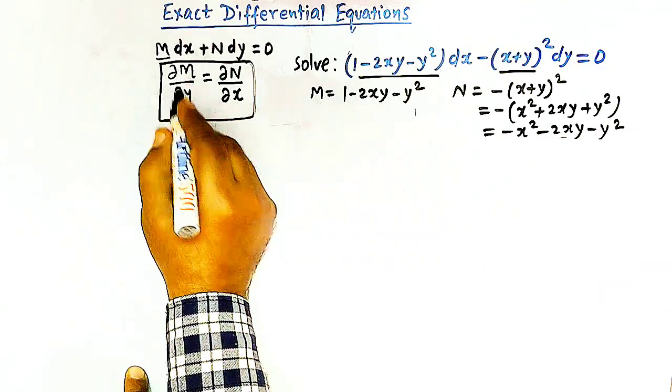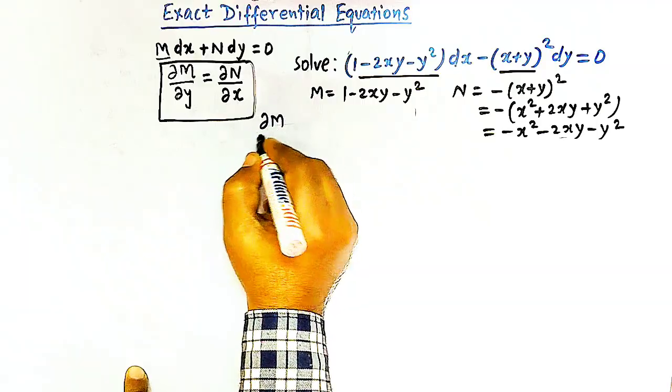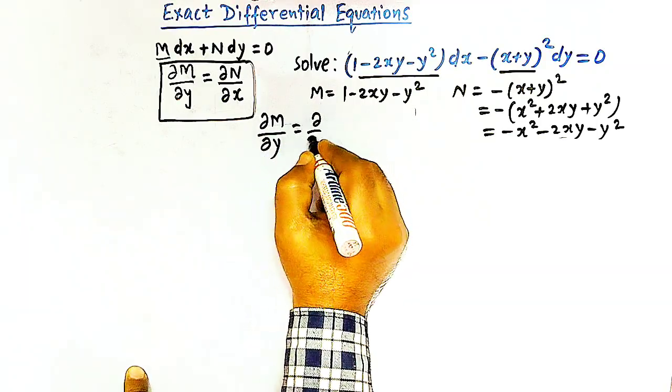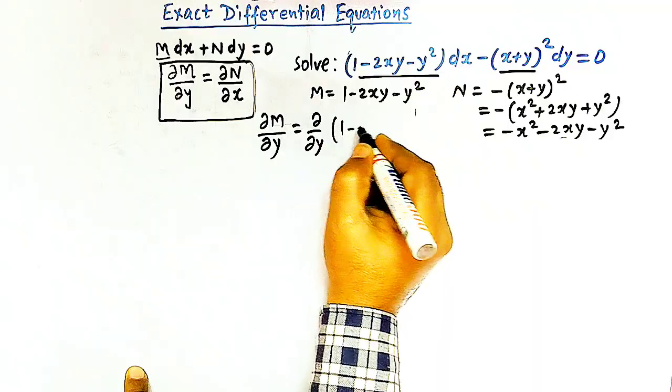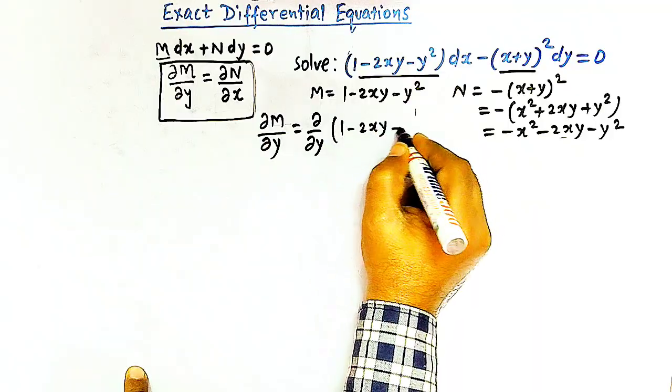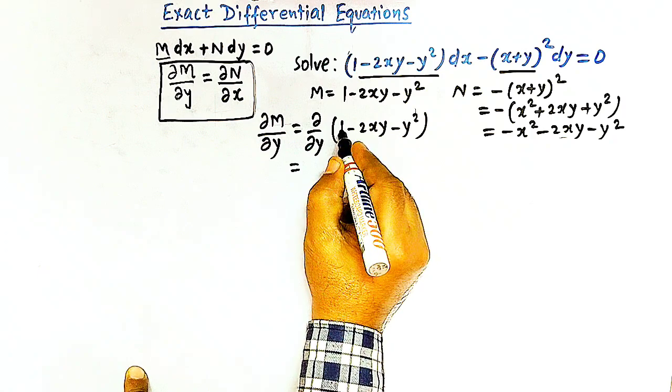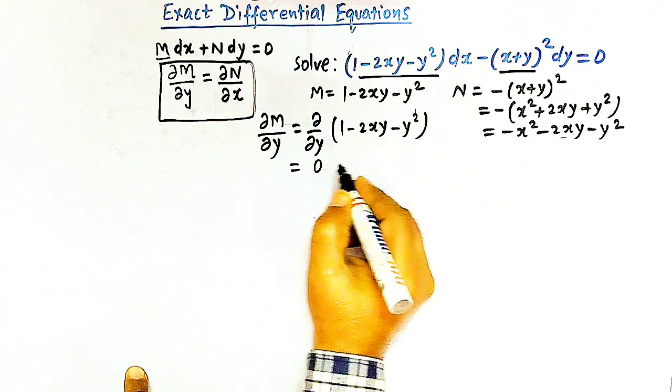So now let us find out del m over del y. So we have del over del y, and here 1 minus 2xy minus y square. Now the derivative of 1 with respect to y is 0.